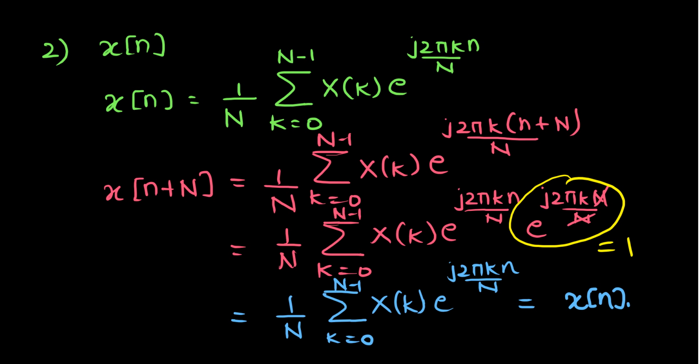So if we compare these two expressions here, they are exactly the same. So we can write x of n is equal to x of n plus capital N, which again means that this x of n is periodic with period N.